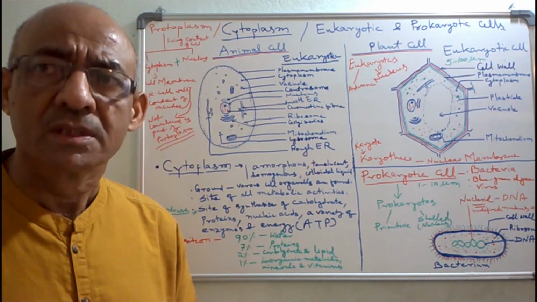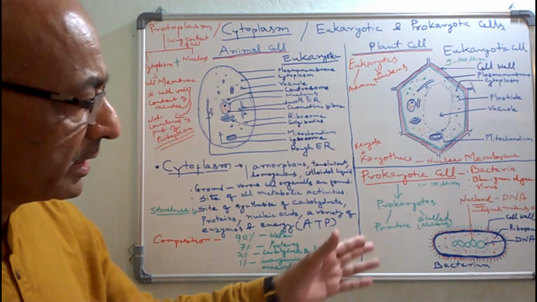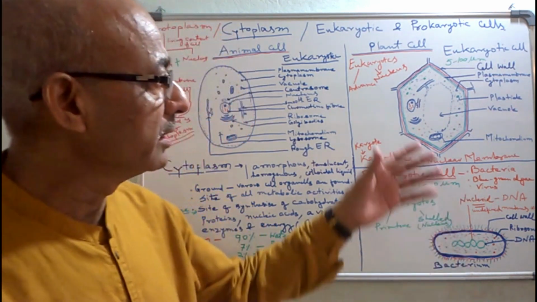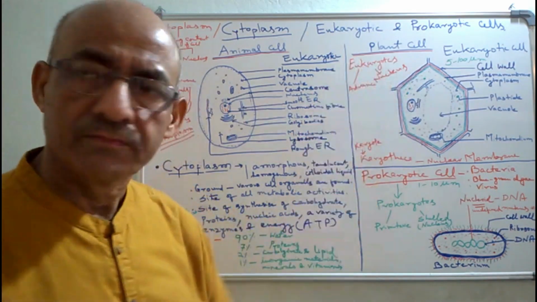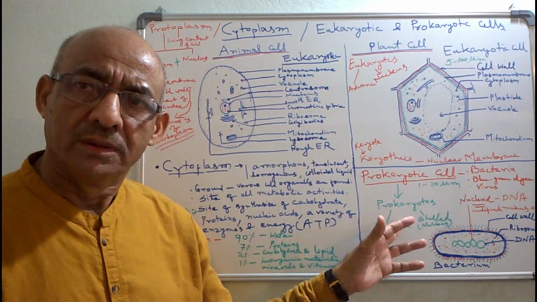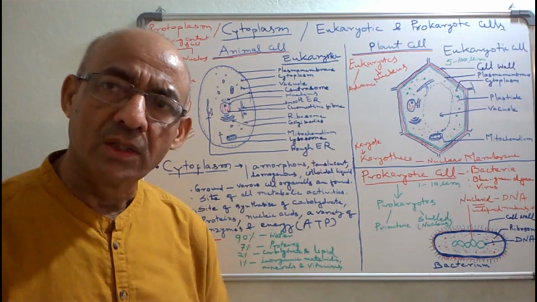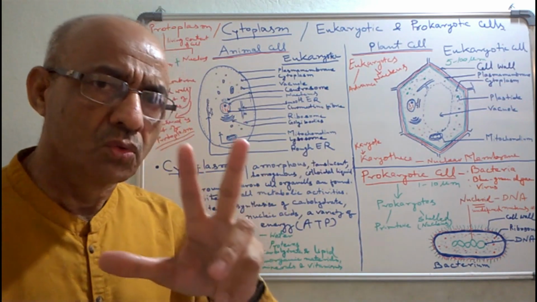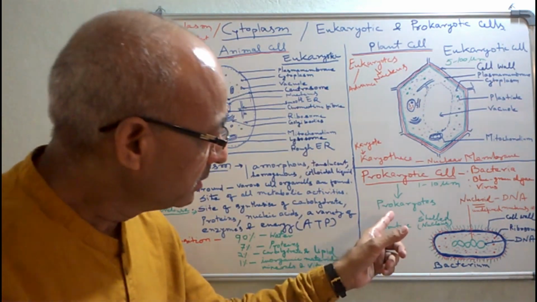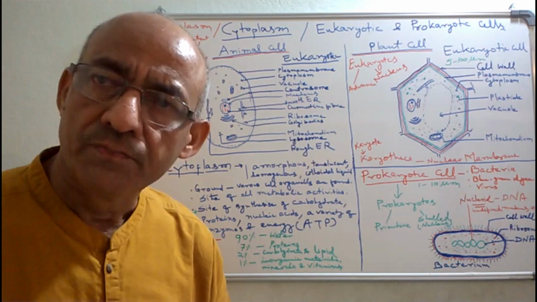Now we will discuss prokaryotes firstly, then eukaryotes. Actually, this word prokaryotes is made up of two parts. The first part is pro.